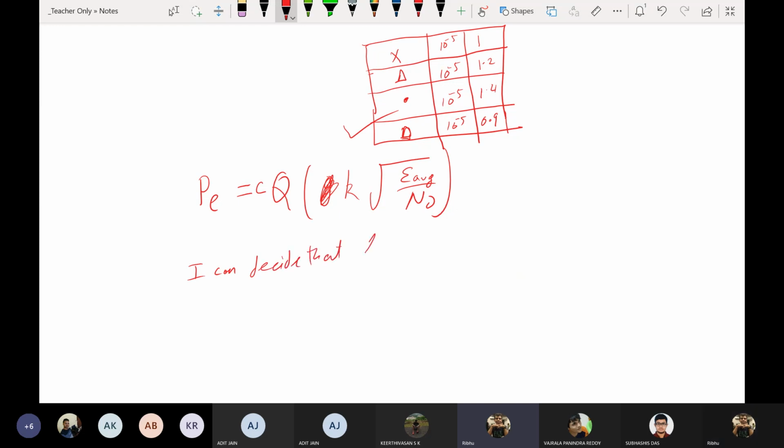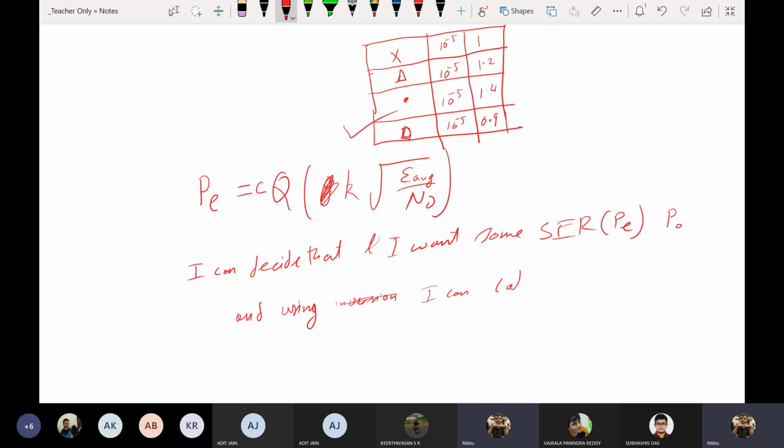If this is a general form, then what I can do is decide that I want some symbol error rate or probability of error and call that P naught, and using inversion of this expression, I can calculate the required E average.